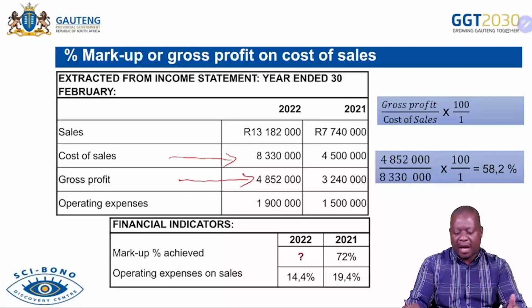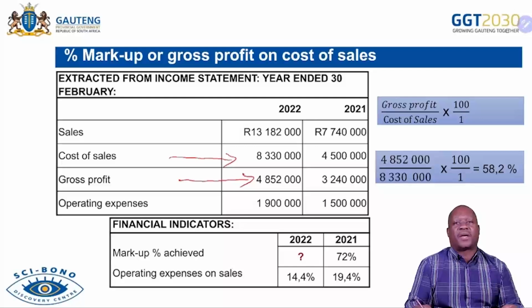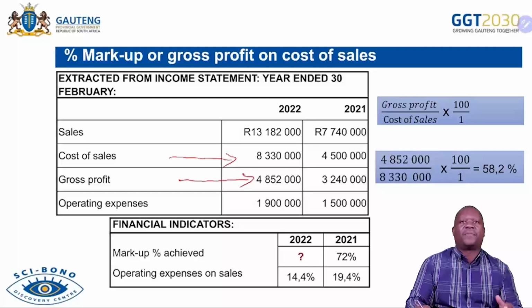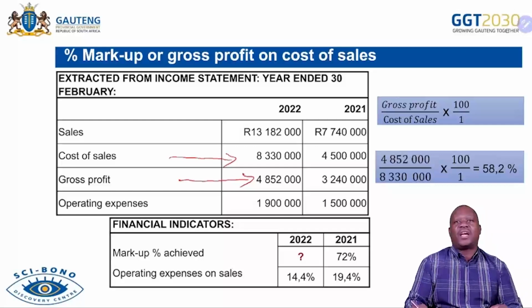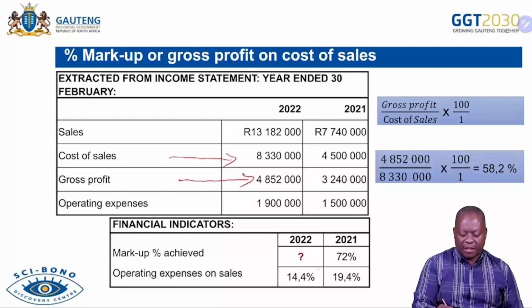4,852,000 divided by 8,330,000. We multiply this by 100 and it's going to give us our markup of 58.2%. Now, what it therefore means is that something is being indicated.